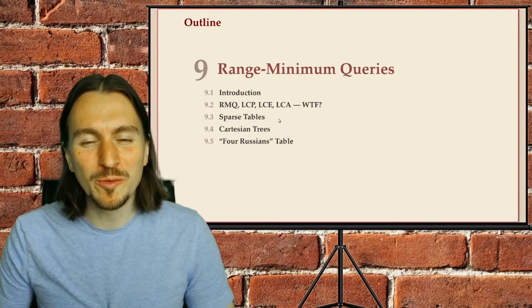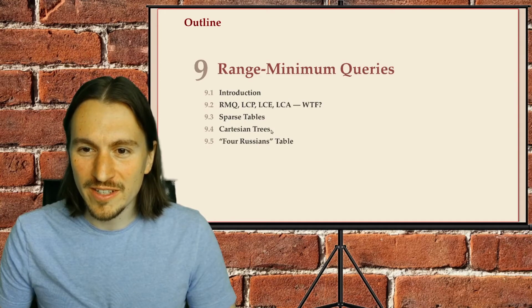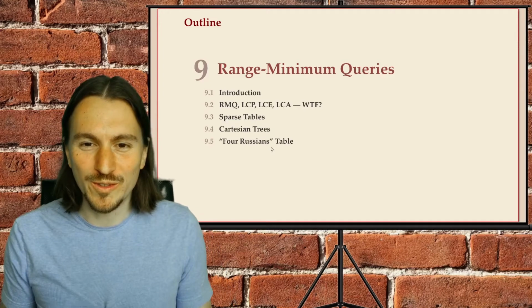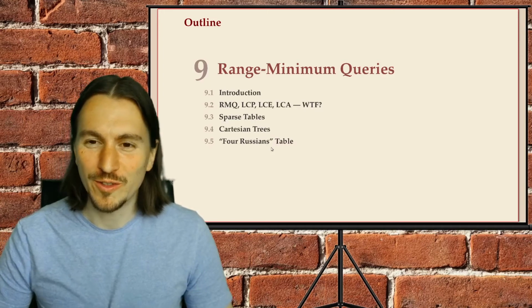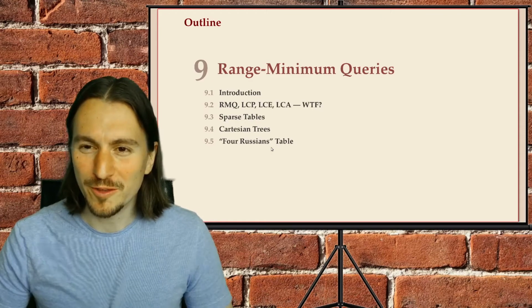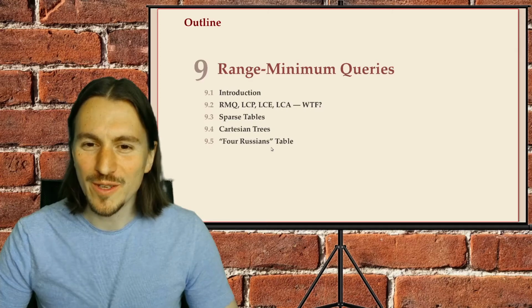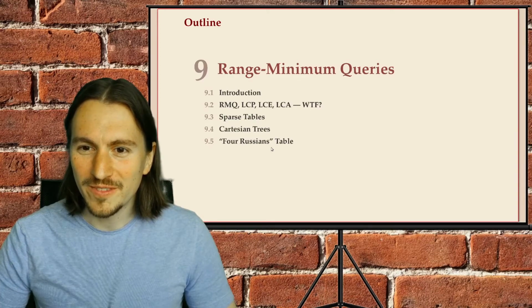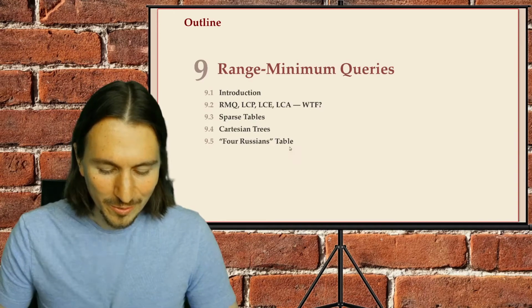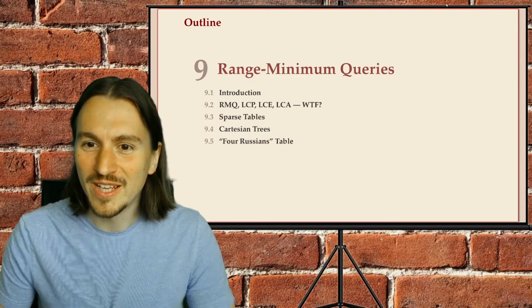First, the simple ones that are fairly easy to understand and come up with. And then in the last two sections, we'll go to the state-of-the-art solution that's best possible for obvious reasons, because it's basically the time you need to read the input. And we'll see what's behind this last subsection next time.